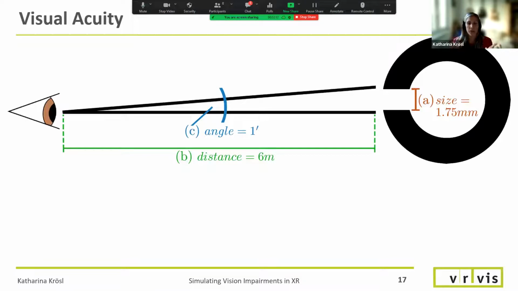So if the smallest detail a person recognizes at 6 meters viewing distance is larger than 1 arc minute, for example, 2 arc minutes, so twice the size, it means that the visual acuity of this person is half as good. So this person can recognize details that are double the size at the same distance, or the same size at half the distance.